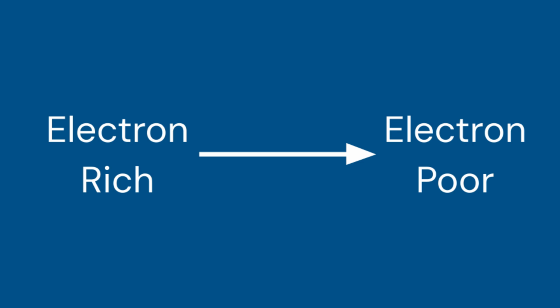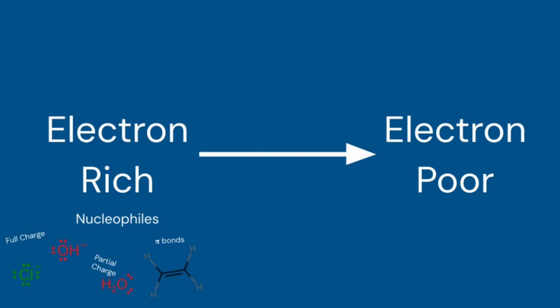Typically we see rich to poor because an electron-poor site has an unfilled octet of electrons that can then be filled by an electron-rich site. So really, the breaking and forming of bonds is based on the flow from rich to poor.